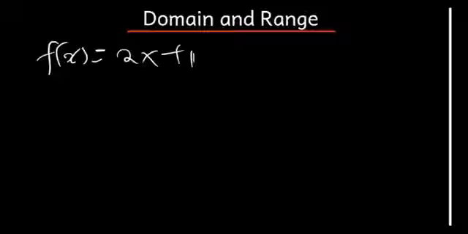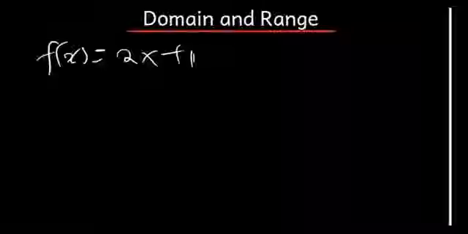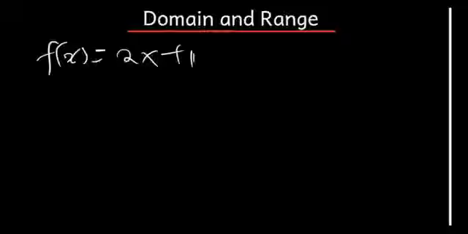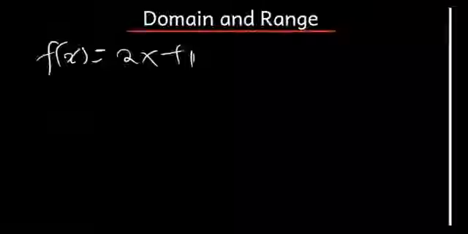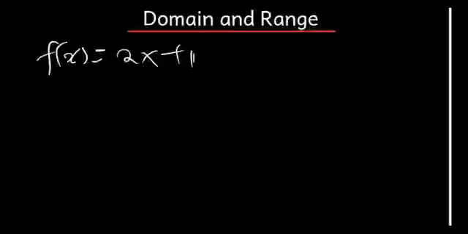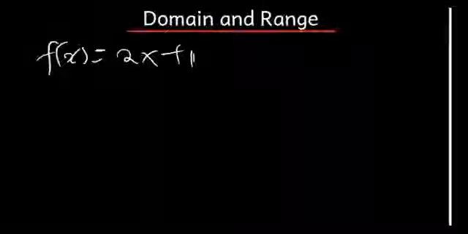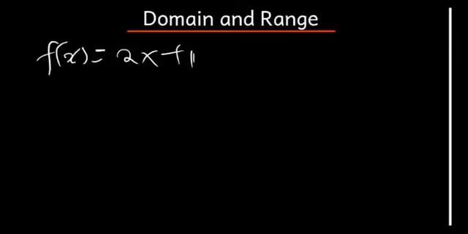Whenever they ask you to find the domain of the function, these are the values of x which, when we plug in here, the function is going to be defined. So in this function, I can plug in any value of x and the function is still going to be defined. Any value, meaning that the domain is all real numbers.